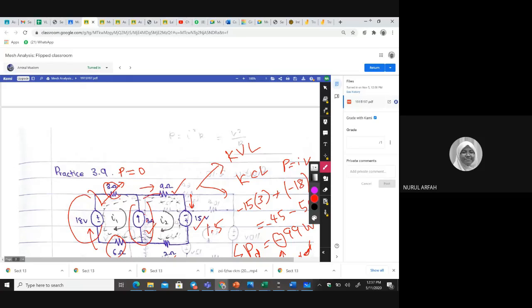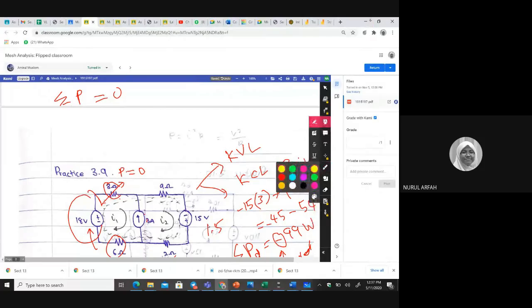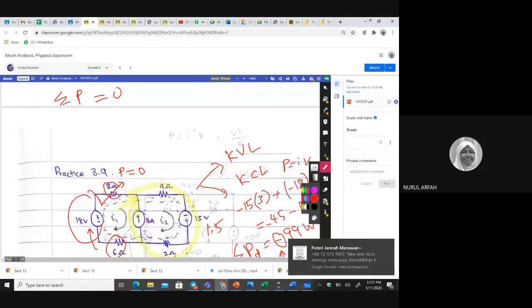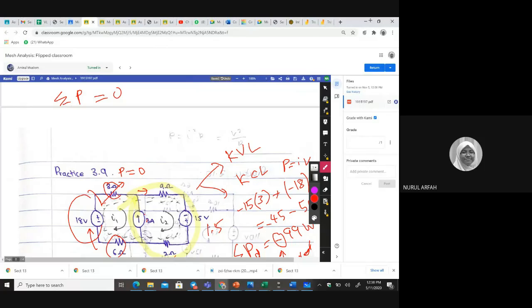Alright, let me remove this. I just want you to prove that power is equal to 0. Let me use this loop. We start from 9, current is entering this 9 ohms, so you have a plus 9, and you know power is equal to I squared R for a resistor, right?